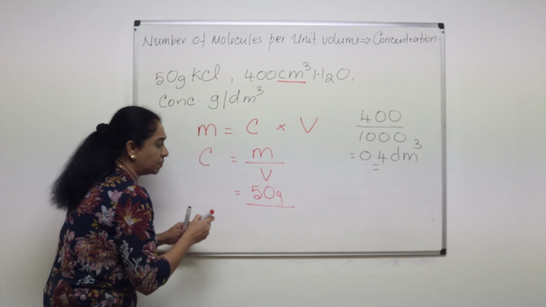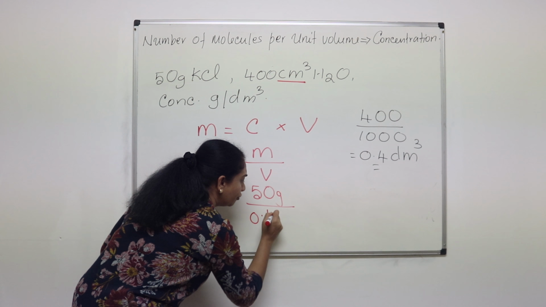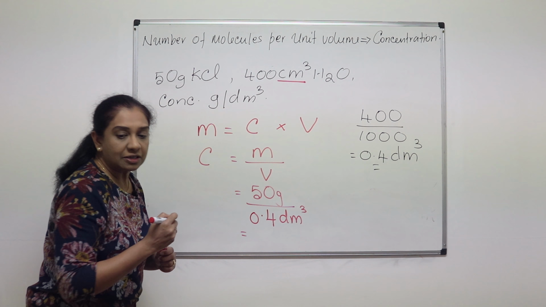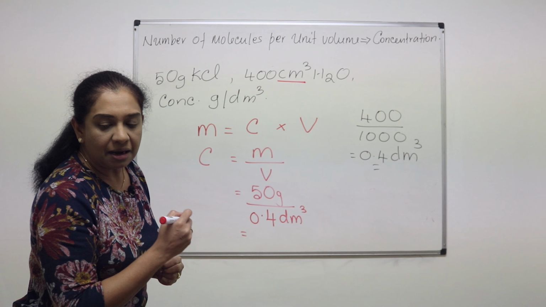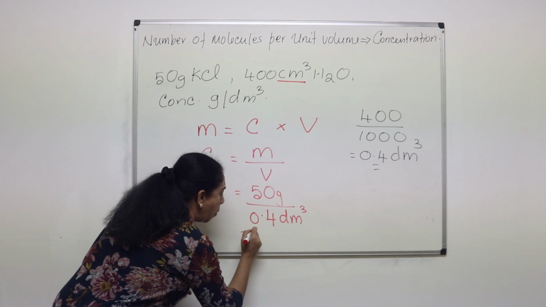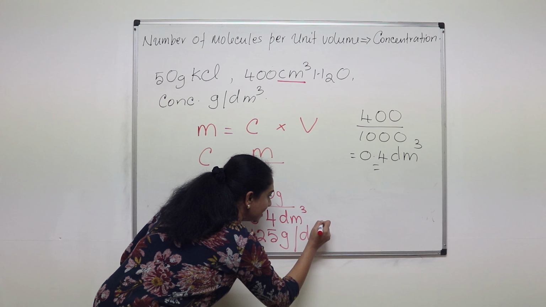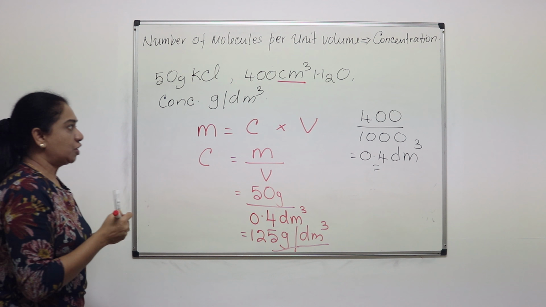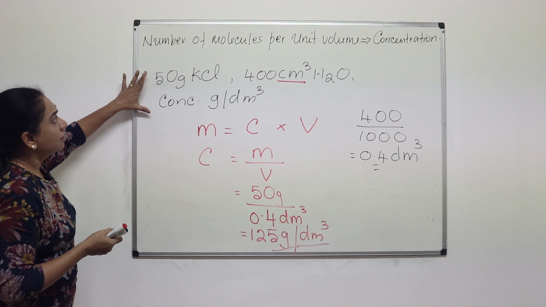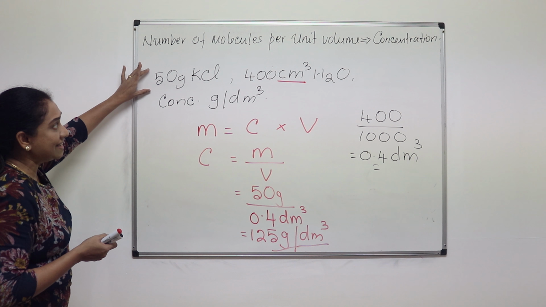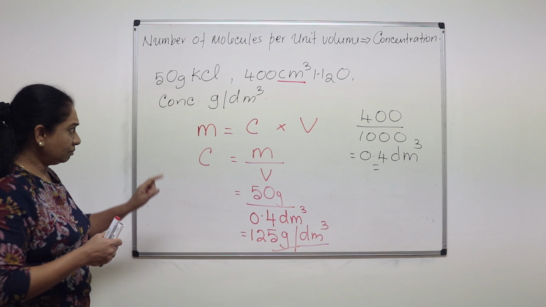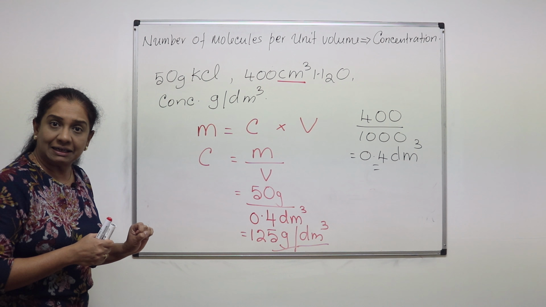Now I'm going to apply the 0.4 cubic decimeter, and now this is going to give me an answer of 125 grams per cubic decimeter, and that is the concentration of the substance that is dissolved in the 400 cubic centimeter. I hope you would have got this clearly.